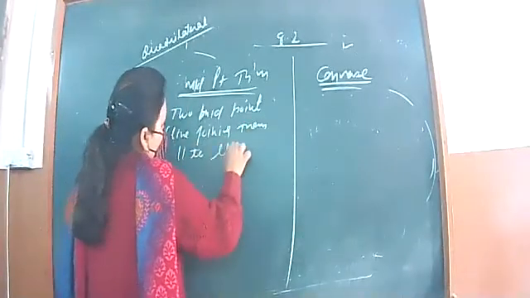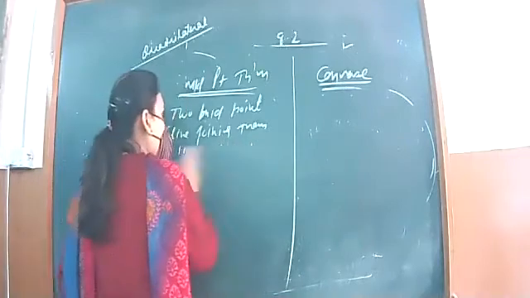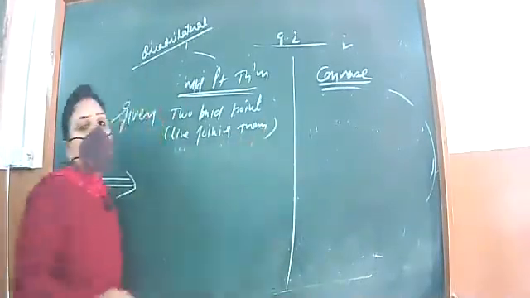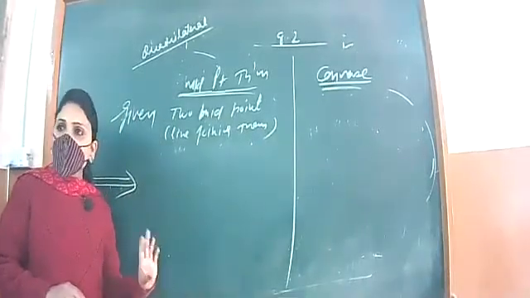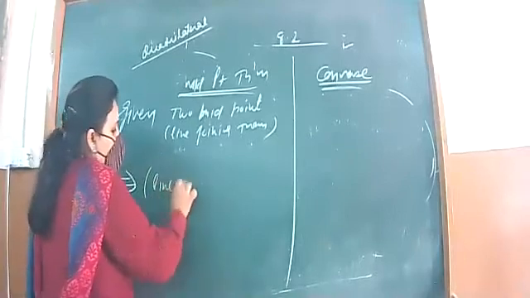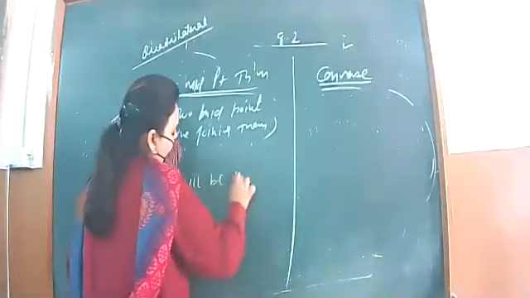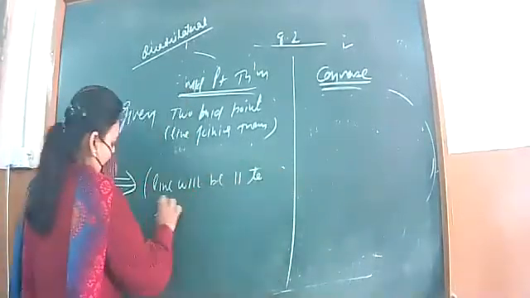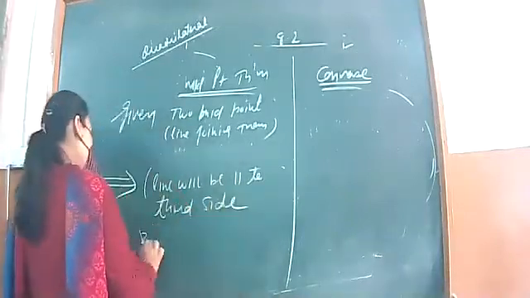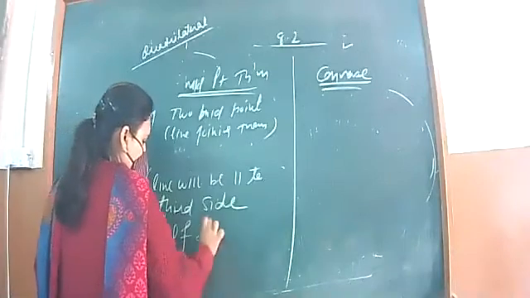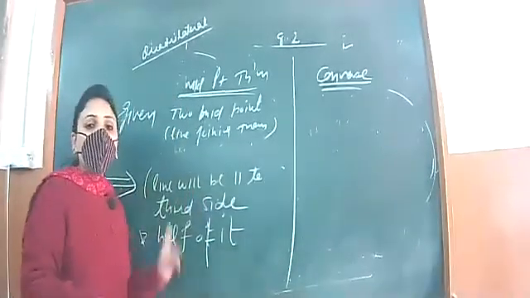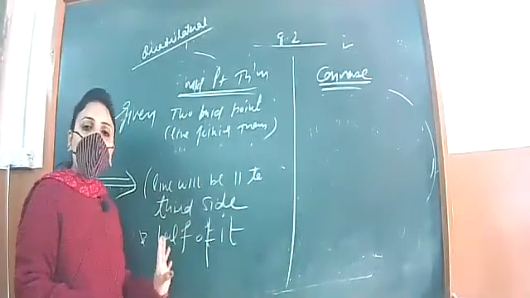Two midpoints and line joining them, this is given. And what does it imply? The line will be parallel to the third side and half of it. Line will be parallel to the third side and half of it.